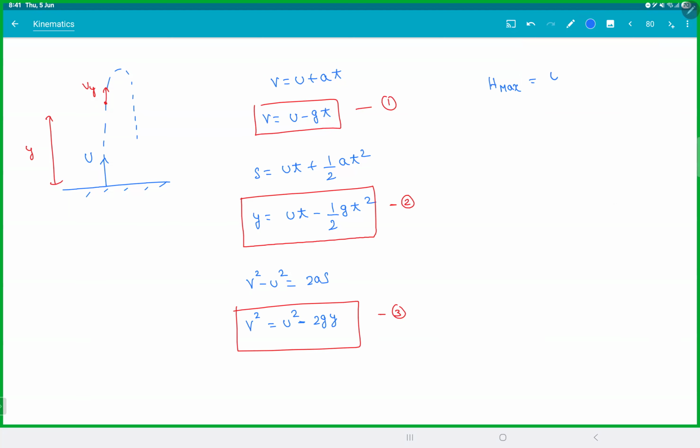H max is u square by 2g. Time of ascent is u by g. Time of flight is 2u by g. Time of descent is u by g. These two are valid if you come to the same level. There, these are all the formulas we derived.